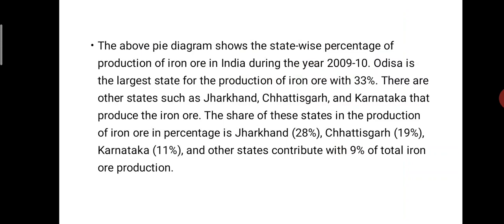The share of these states in the production of iron ore is Jharkhand 28%, Chhattisgarh 19%, Karnataka 11%, and other states contribute 9% of total iron ore production. So, here we can understand how it is written in the paragraph or the narrative passage. So, this is about the pie diagram.